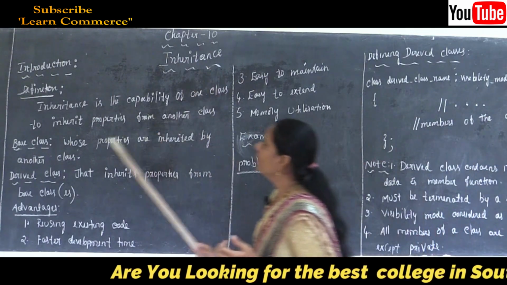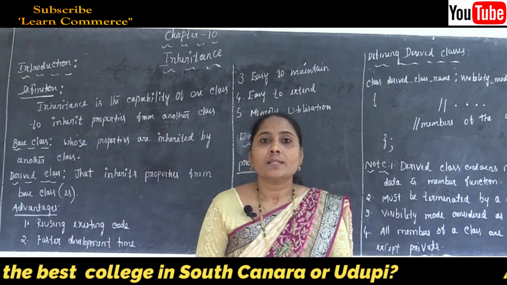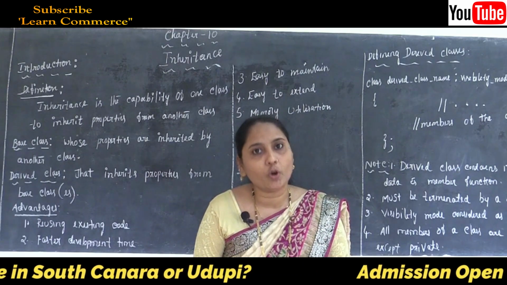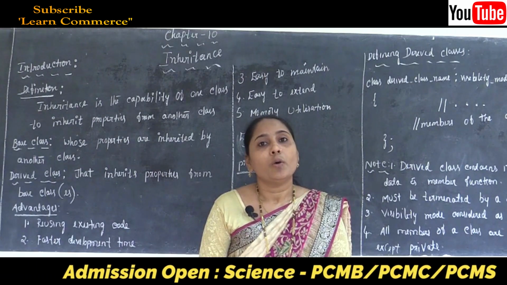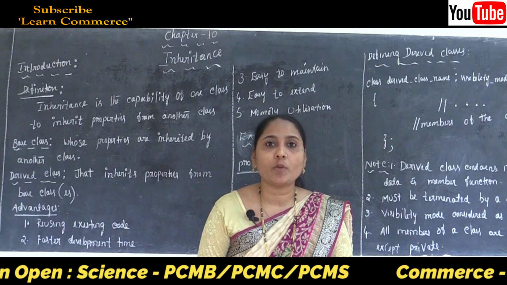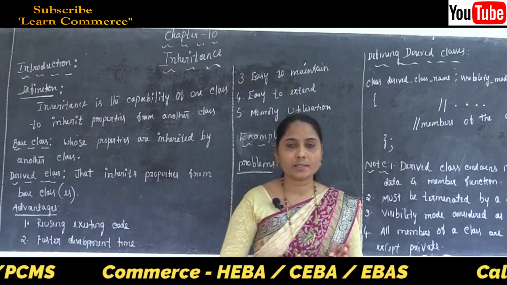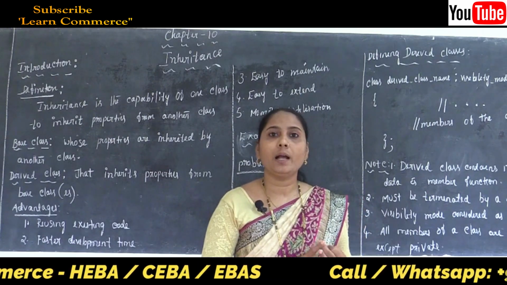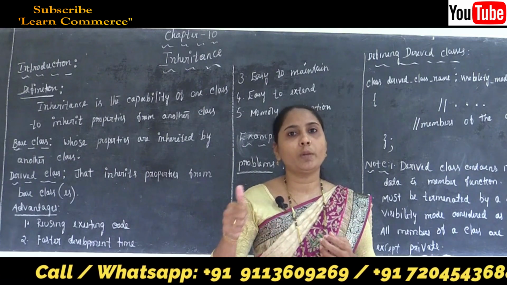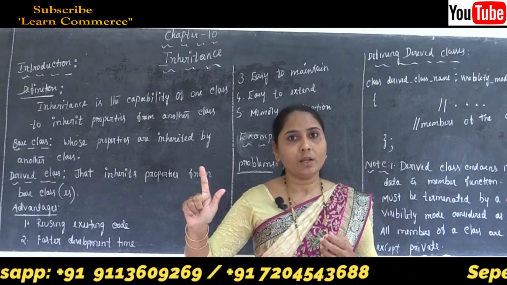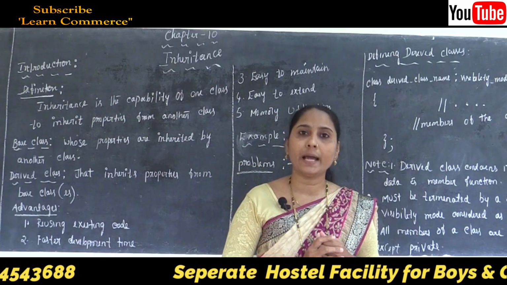So we know some of the introduction of our inheritance, some of our OOP. The full form of OOP is object oriented programming. OOP contains some features, aspects and components: class, object, data abstraction, data encapsulation, overloading, polymorphism, message passing or dynamic binding, and finally we can say our inheritance.